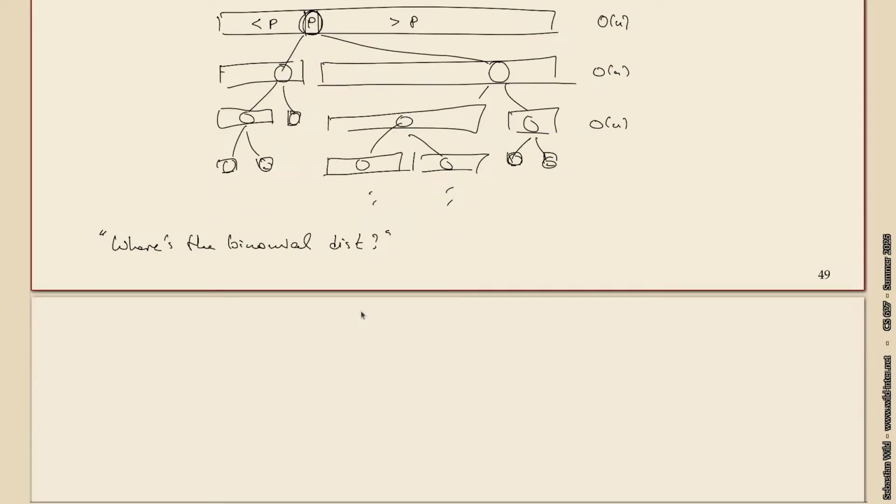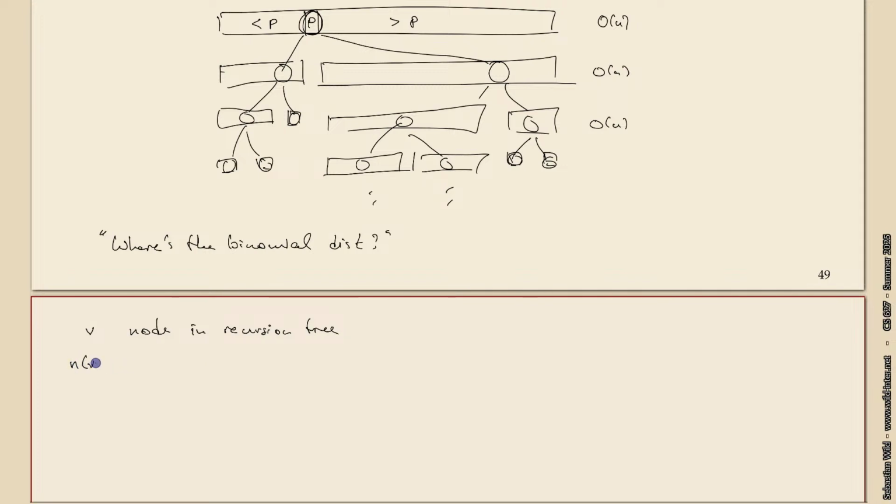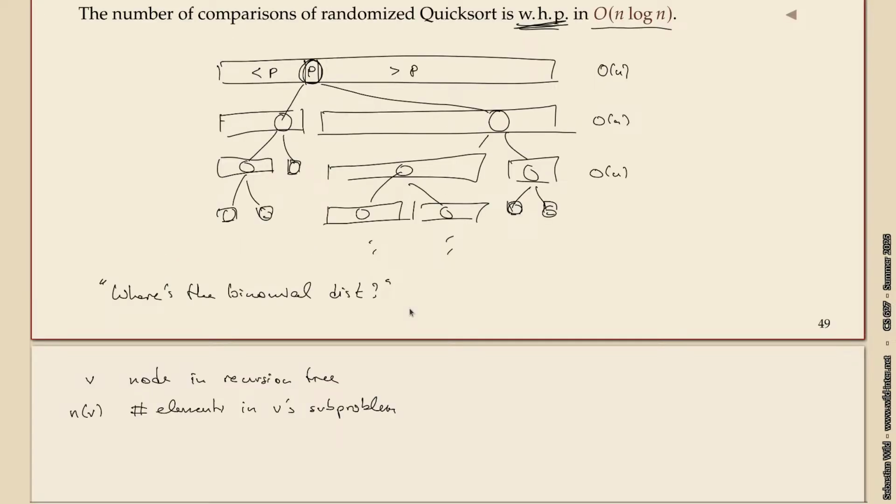So a little bit of notation. Let's say V is any node in this recursion tree, and n of V is the number of elements there. So in my picture, I would have said this guy is called V, and n of V is the length of its range here.